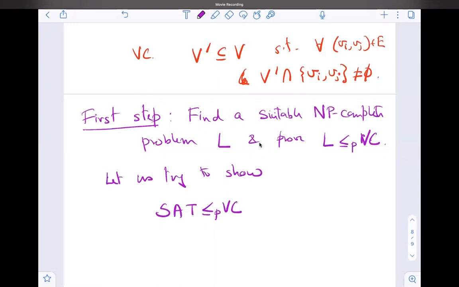Yes, sir. But Chebyshev's inequality also follows from Markov's. You don't go back to Markov all the time; you use Chebyshev. Similarly here, to prove something is NP complete, you don't necessarily have to go back to SAT all the time. If you want, you could try to prove ILP is reducible to VC. That is also perfectly fine.